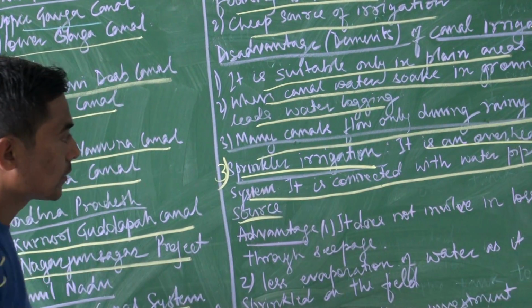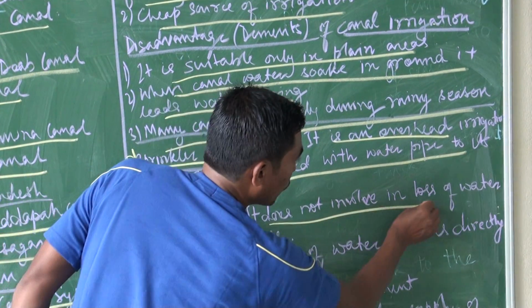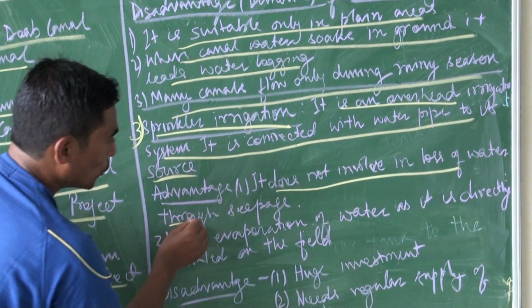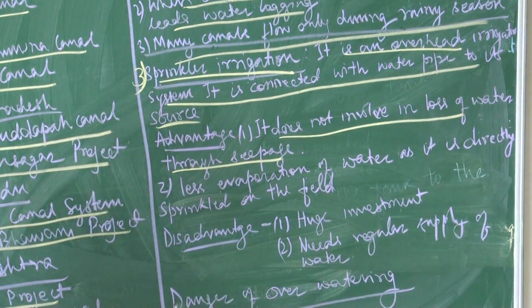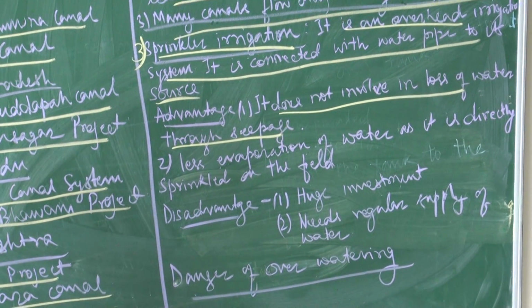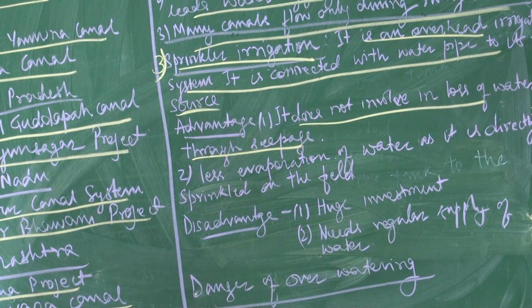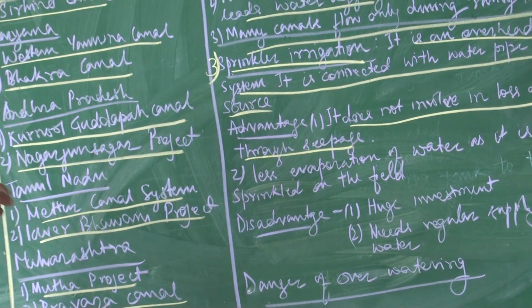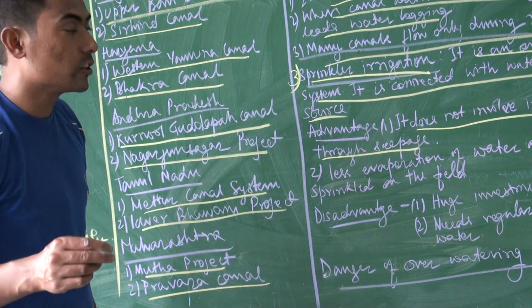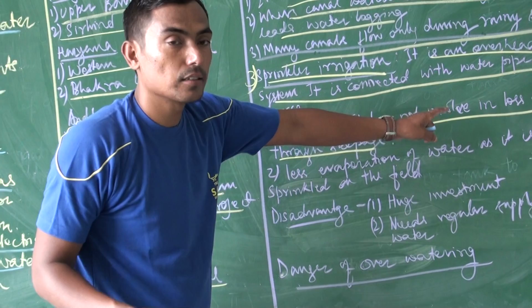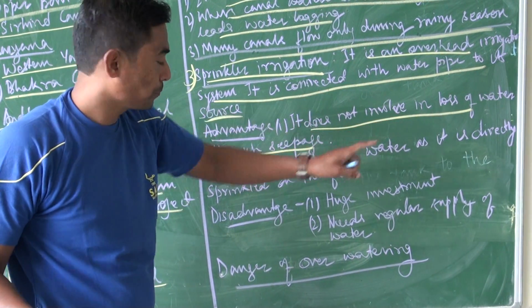Advantage of sprinkler system: it does not involve loss of water through seepage, because the water is carried with the help of plastic pipes. In a plastic pipe, unless there is a leakage, there is no chance of loss of water.